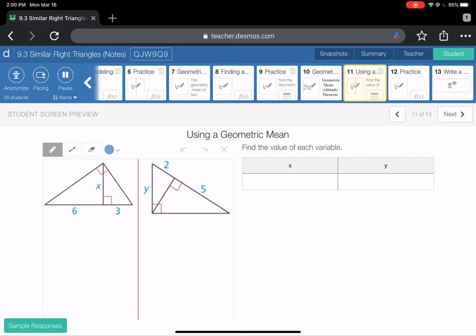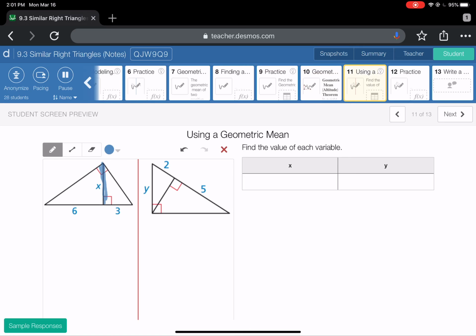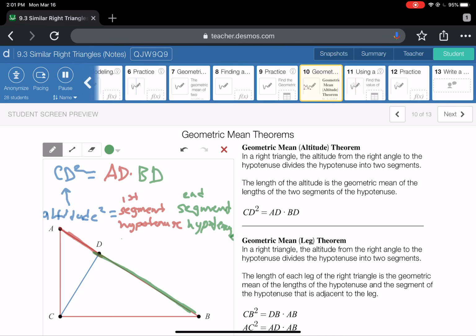We're going to go ahead and apply that to one of these triangles here. On this triangle on the left, this side x represents our altitude. So we can use this form that we set up on slide 10. We're going to do the altitude raised to the second power, x squared, is equal to the first segment of the hypotenuse.